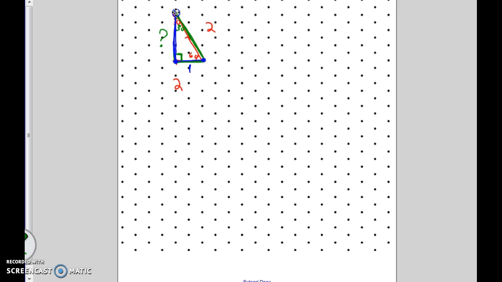Pythagorean theorem, right? So here I can do x squared plus 1 squared, because this side was 1, is equal to the hypotenuse squared. That would be 2 squared. So what's 1 squared? 1. What's 2 squared? Good. Now what?